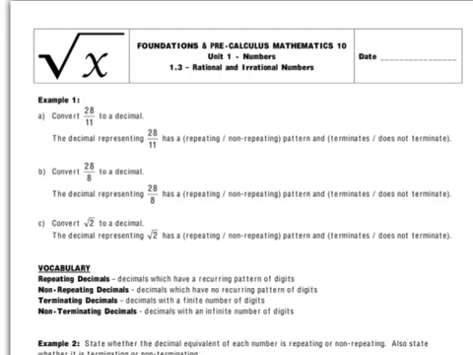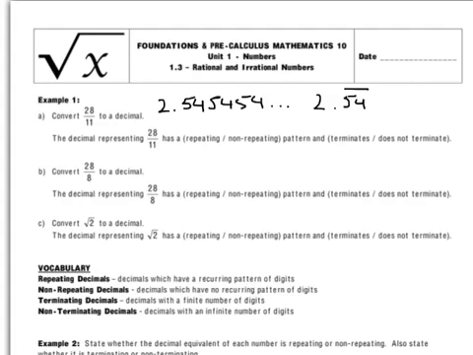Part A says here, convert 28 over 11 to a decimal. So 28 over 11 to a decimal comes out to 2.545454 and so on, or we can write it as 2.54 repeating.